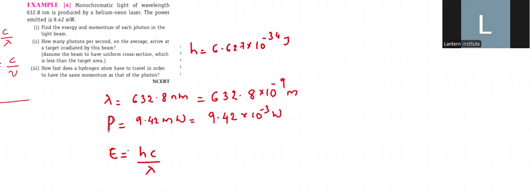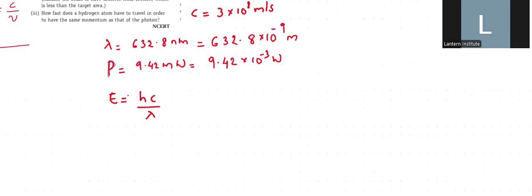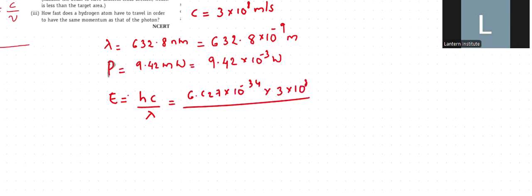C is the velocity of light in vacuum, 3 into 10 raised to 8 meter per second. Those two values are constants. Then you can substitute: 6.627 into 10 to the power minus 34 into 3 into 10 raised to 8 divided by lambda, which is 632.8 into 10 to the power minus 9 meter. After solving this, you will get the value of energy.